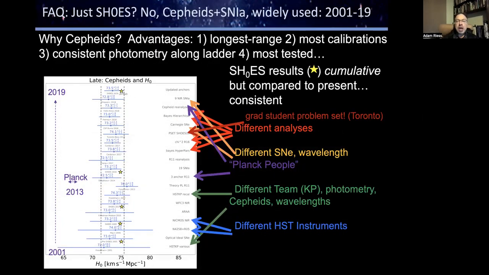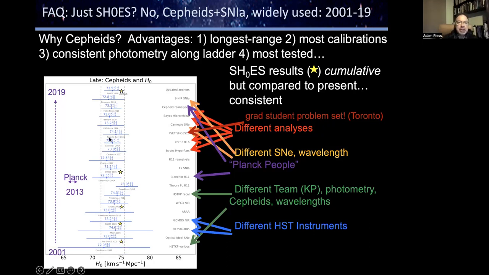Of course, I've been talking a lot about the work we've done with this technique or these objects. Of course, many other groups have either used our data and reanalyzed it or collected their own data in different ways. And this Hubble tension, this difference between what is predicted and what is observed, is not just seen by us, but seen by pretty much everybody who uses this data. This is sort of the last 20 years of observations.